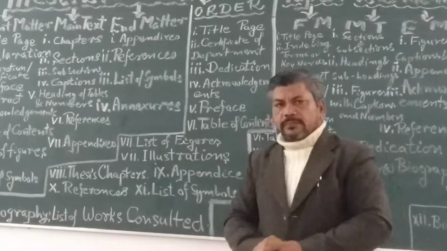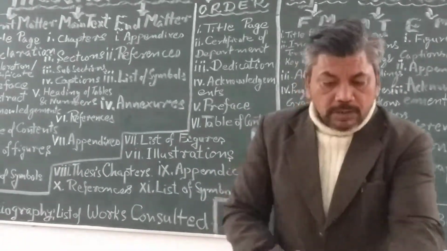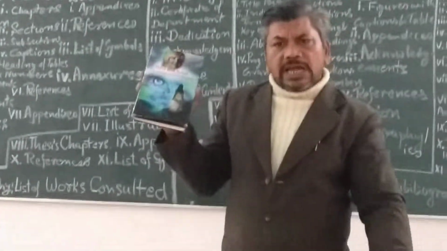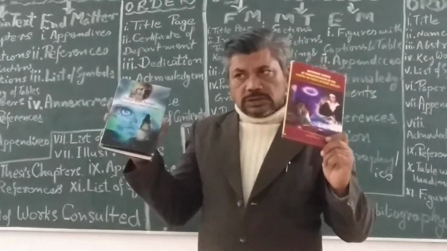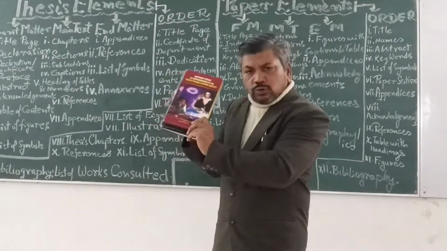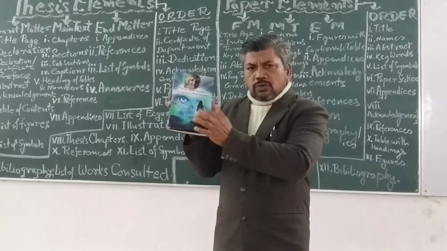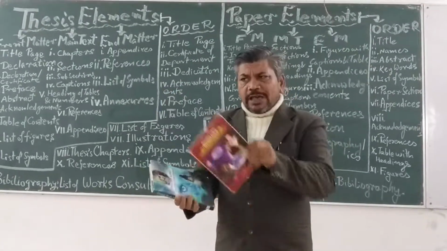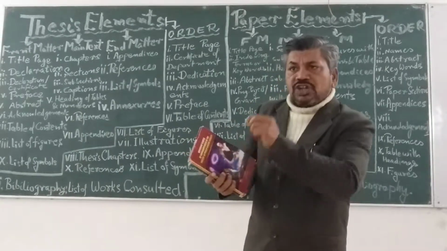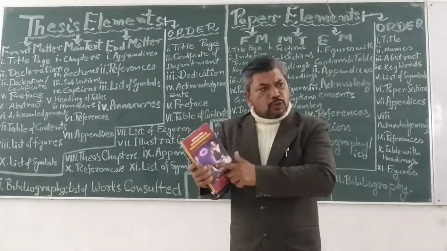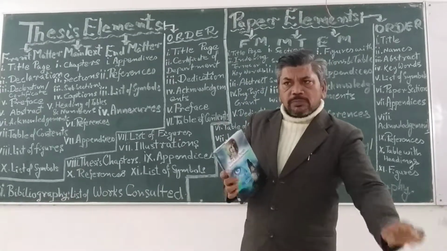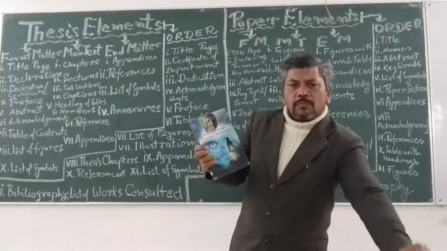How are they different? If I am compiling this thesis and taking a few lines directly from a work, I am referring to this book in this particular work. If I am using two or three lines, I must mention which chapter, which page, which line I have borrowed from this book. That will be the list of references: a direct citation from a particular book.